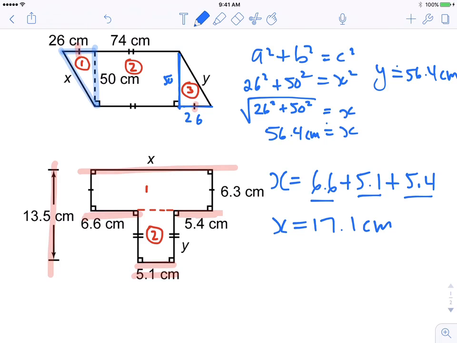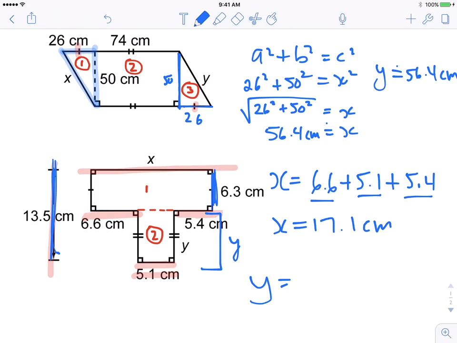Okay. If we know the total height of our shape is 13.5 centimeters, then y is going to equal, again, the whole height right here is 13.5. We know this height right here is 6.3. So the remaining part right here is y.